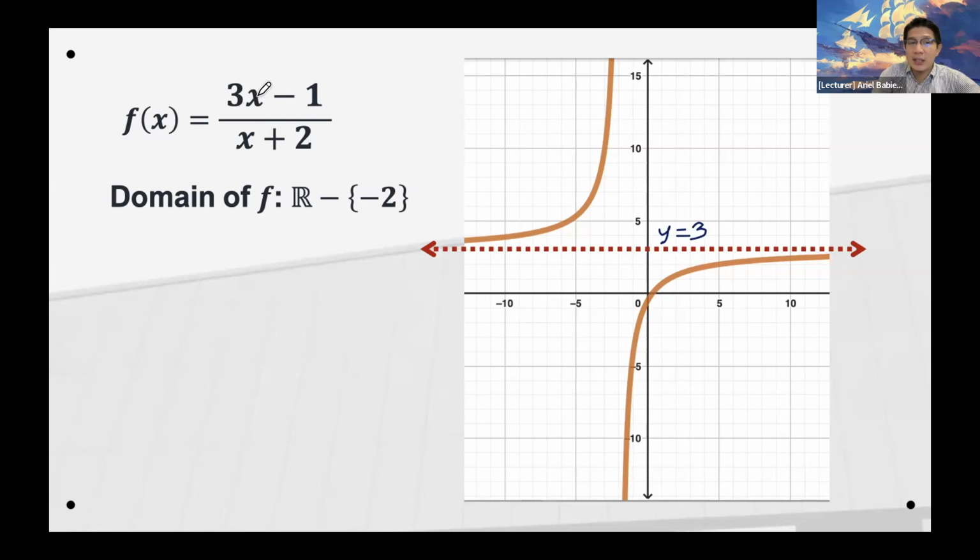Kapag same yung degree ng numerator sa denominator at hindi sila factorable or wala silang common factor, kukunin mo lamang yung component ng x sa numerator, that is 3, and then yung constant coefficient ng x sa denominator, and that is 1. That will give you 3 over 1, which is 3. And that is precisely the horizontal asymptote that we are looking for.